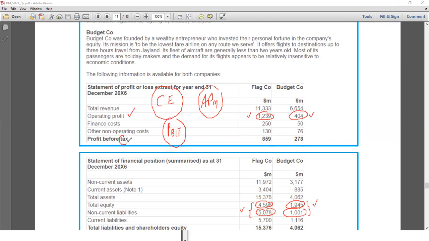Profit before tax, no. It's profit before interest and tax. Kingsley, have you picked that one? All right, please, profit before interest and tax.